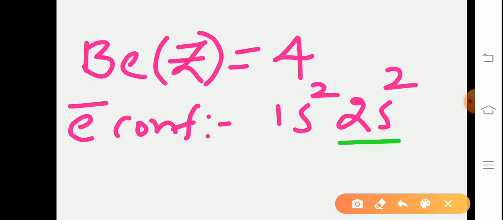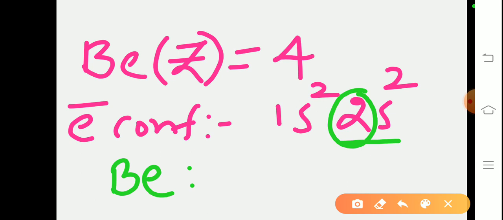Here I already told you, the first point, the main shell represents the period, right? What is the main shell here? 2. 2 is the main shell, no? So simply, beryllium belongs to the second period.